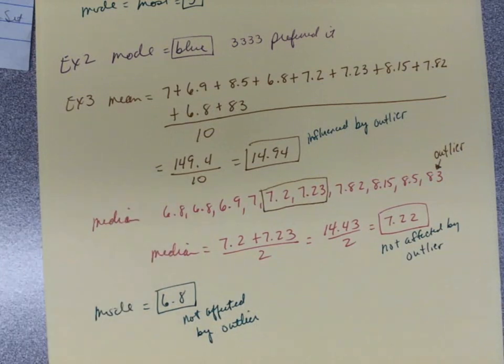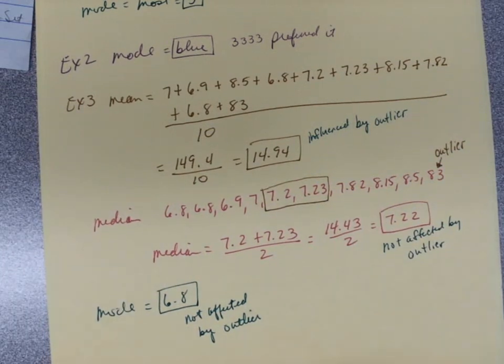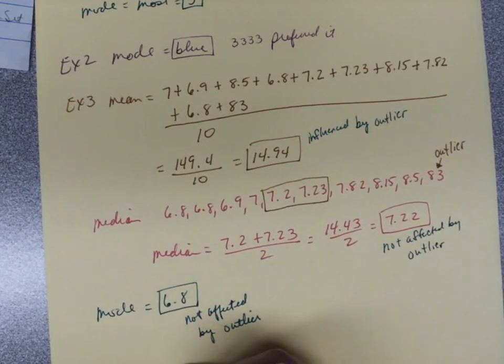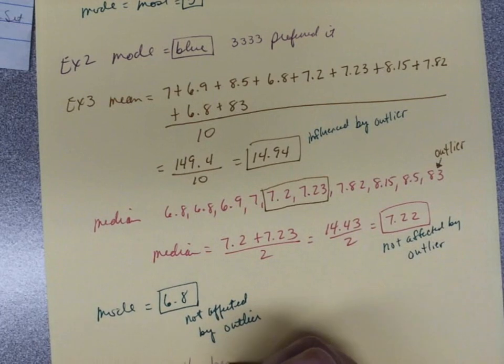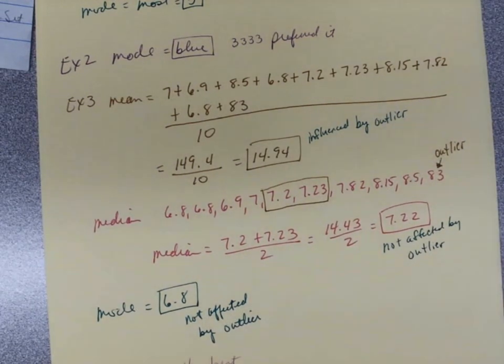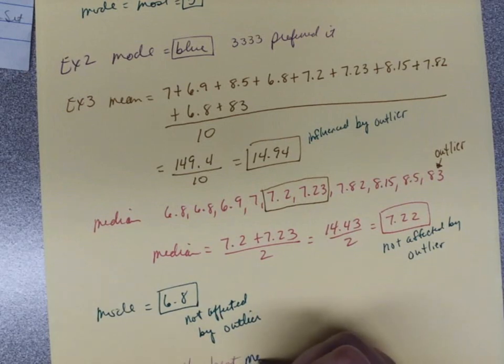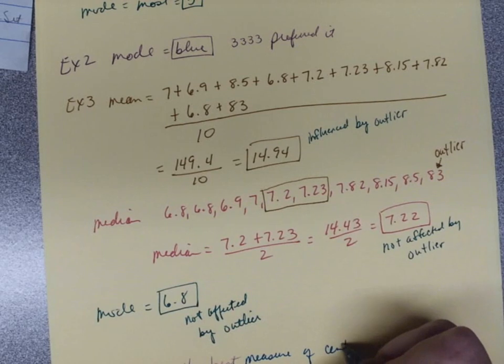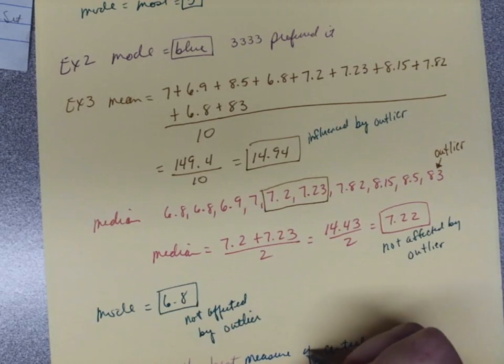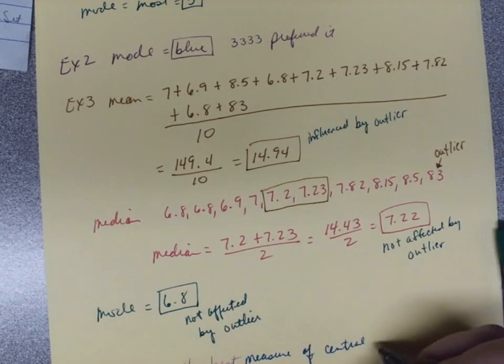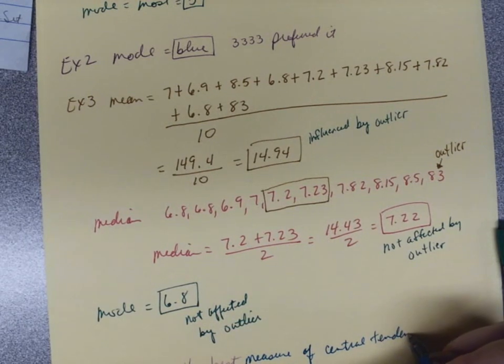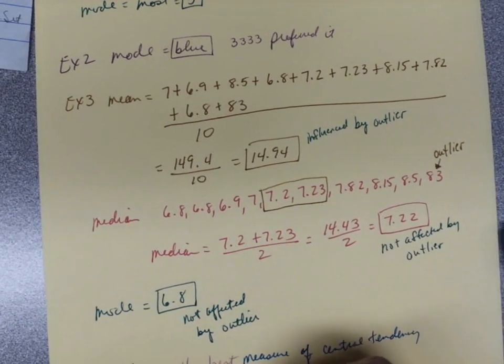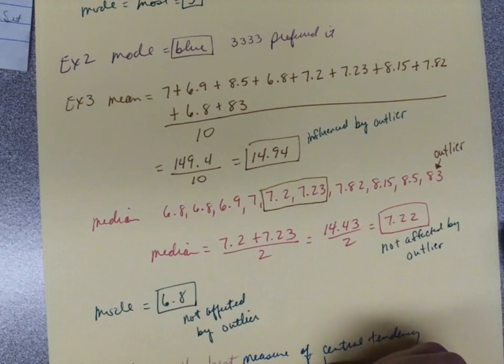So I would say that the median is the best measure of central tendency for the data set.